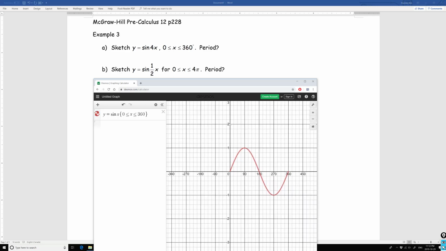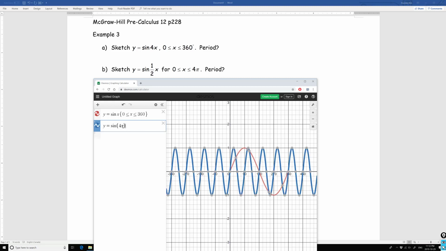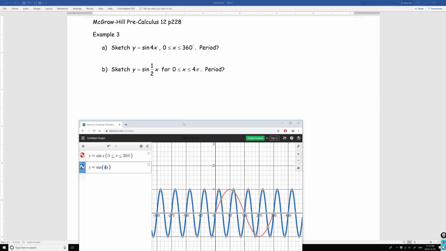So what happens when we have a 4? If we type in y equals sine 4x, the b value is 4. It's going to be 4 times skinnier. So what's the period? Alright, let's focus on some notes here.